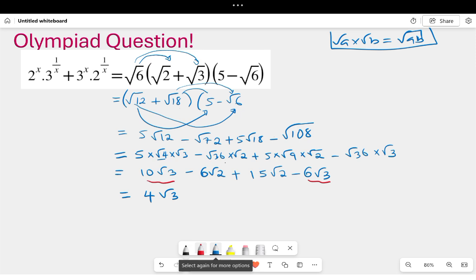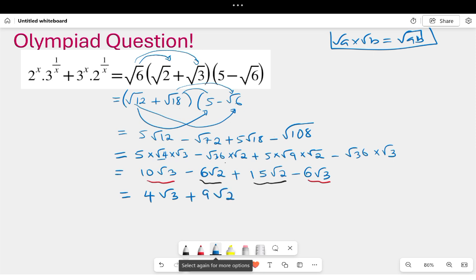Next we consider this one and this. 15 root 2 minus 6 root 3 times root 2 gives plus 9 root 2.